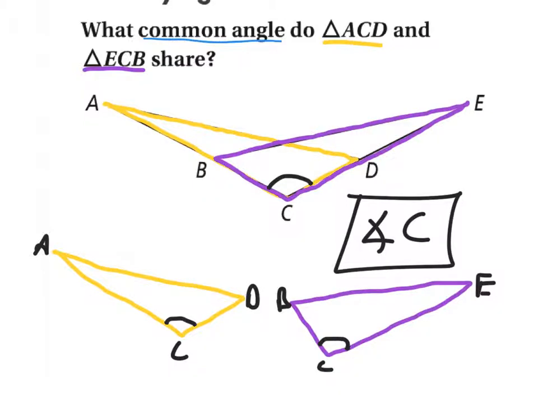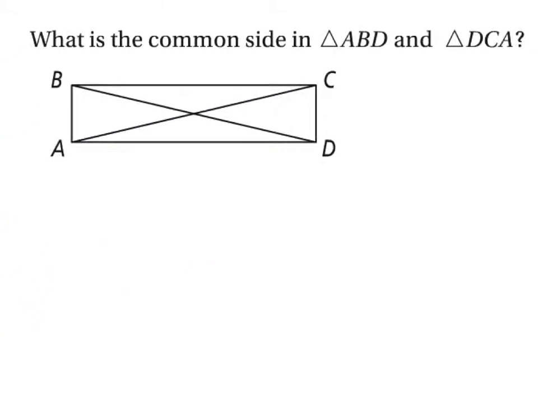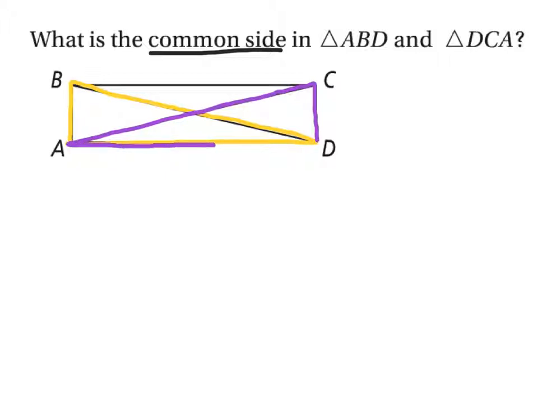Well, let's do the same process on the next example. This time, though, we are looking for a common side. So, looking through here, we have triangle ABD. That's this triangle here. And the other triangle is triangle DCA.